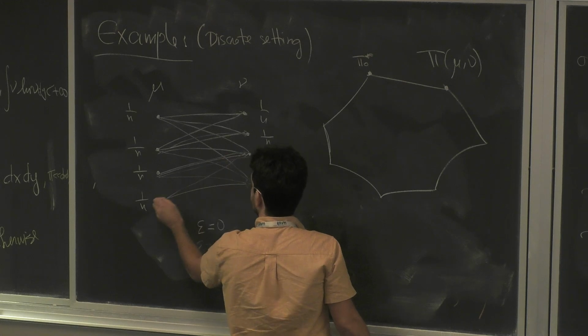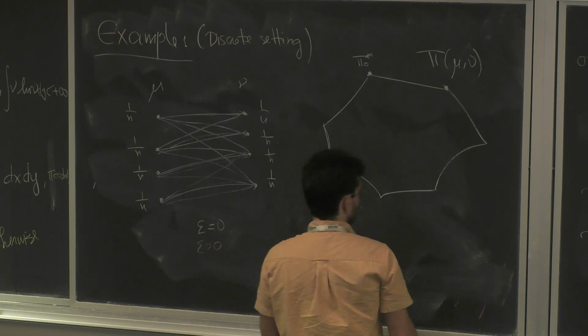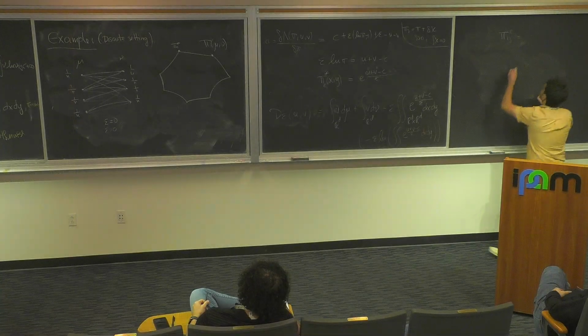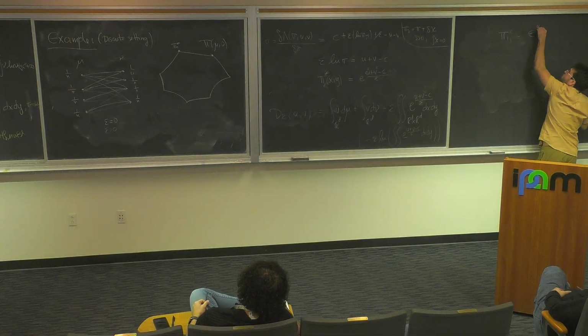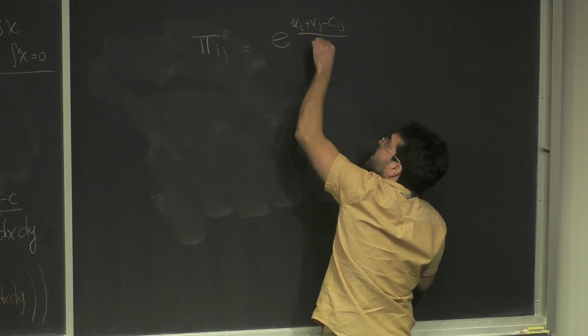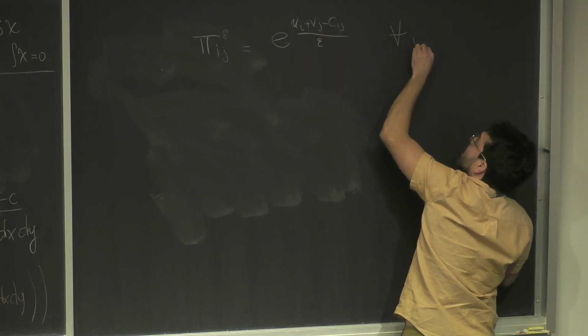And this you can see exactly from this formula here, because if you are in the discrete setting, pi is a matrix, so I can describe it with i and j. And this formula is telling me that every entry of this matrix is an exponential. So this is going to be e to the power of u_i plus v_j minus C_ij divided by epsilon, for every i and j.